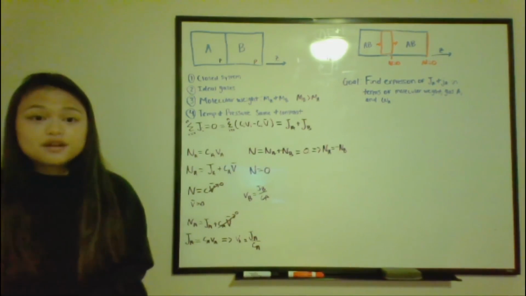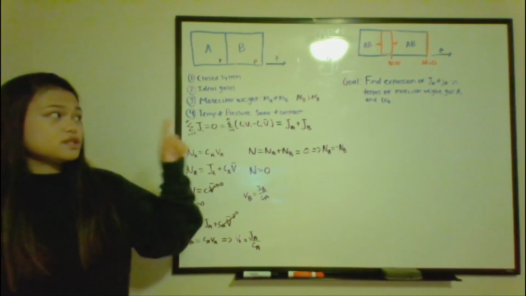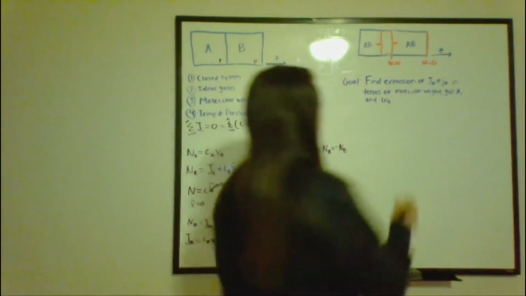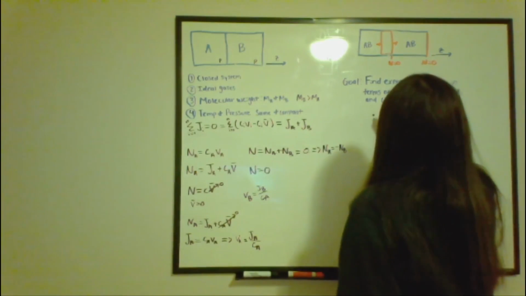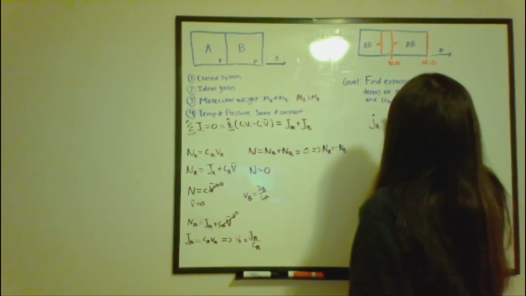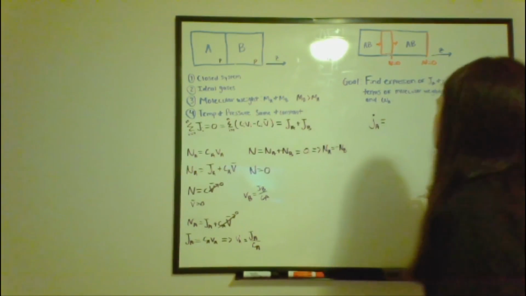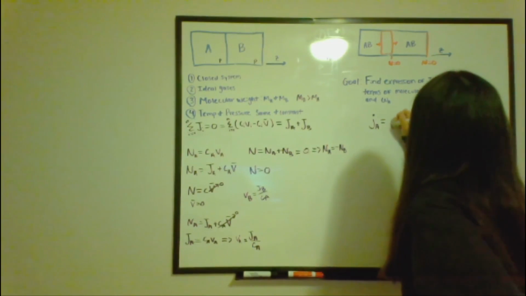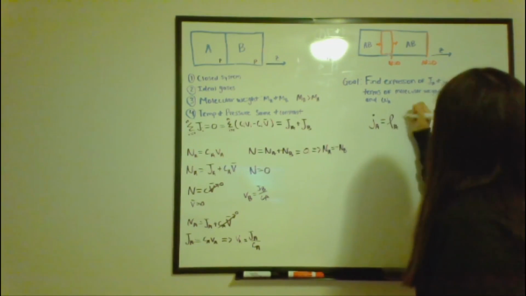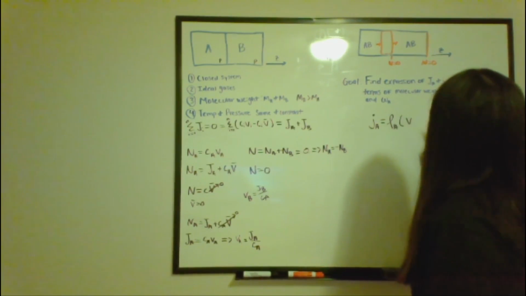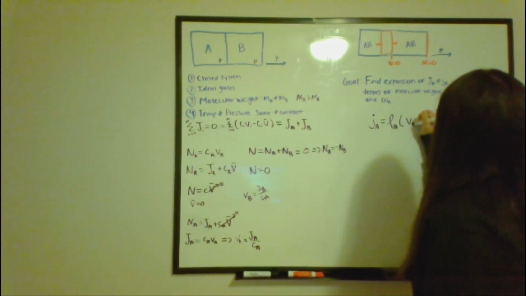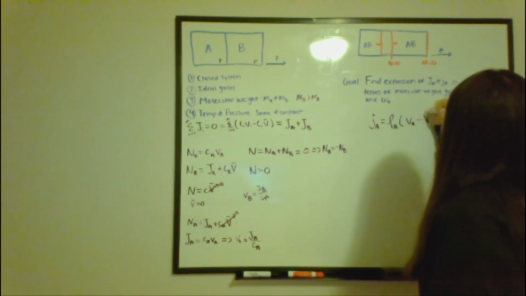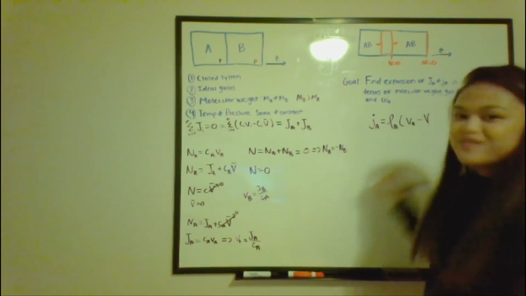Okay, so let's talk about the molar diffusive flux and the mass diffusive flux so we can reach our goal expression. The mass diffusive flux, in terms of A, is going to equal the mass fraction of A times the velocity of component A minus the net mass average velocity.